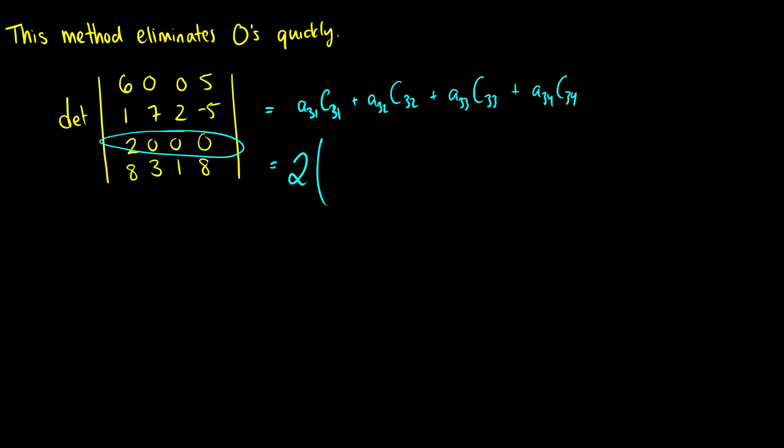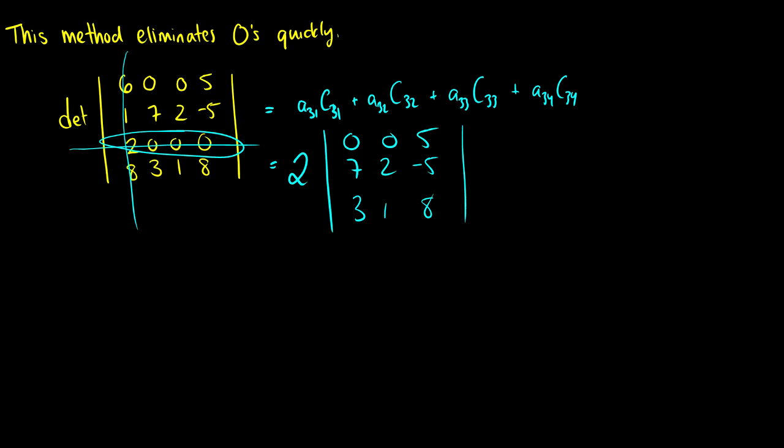And then we have to multiply this by the determinant of the submatrix of A31. So in this case, we get rid of the third row and the first column. So now we're left with the determinant of 0, 0, 5, 7, 2, negative 5, and 3, 1, 8.